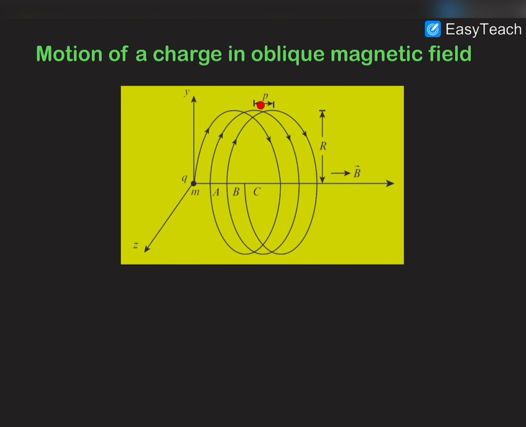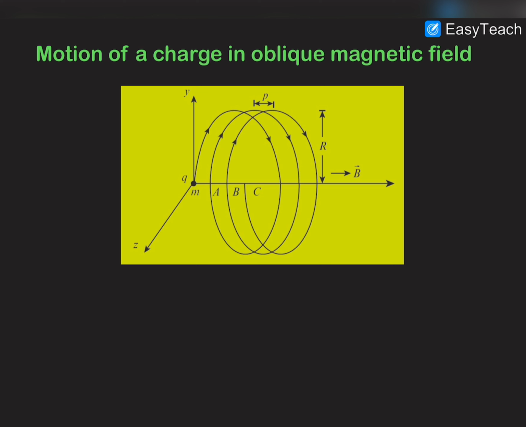Now you can imagine that when this particle is rotating in a circle, it is also moving in the direction of the magnetic field, which we have already discussed, and this motion is due to the parallel component of velocity, V parallel. So this quantity is called the pitch.